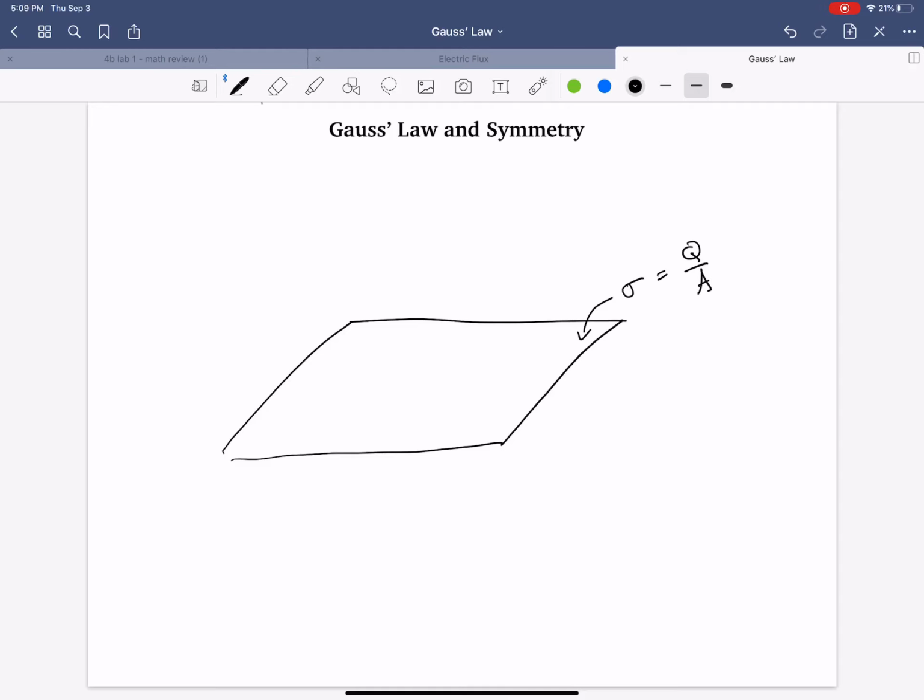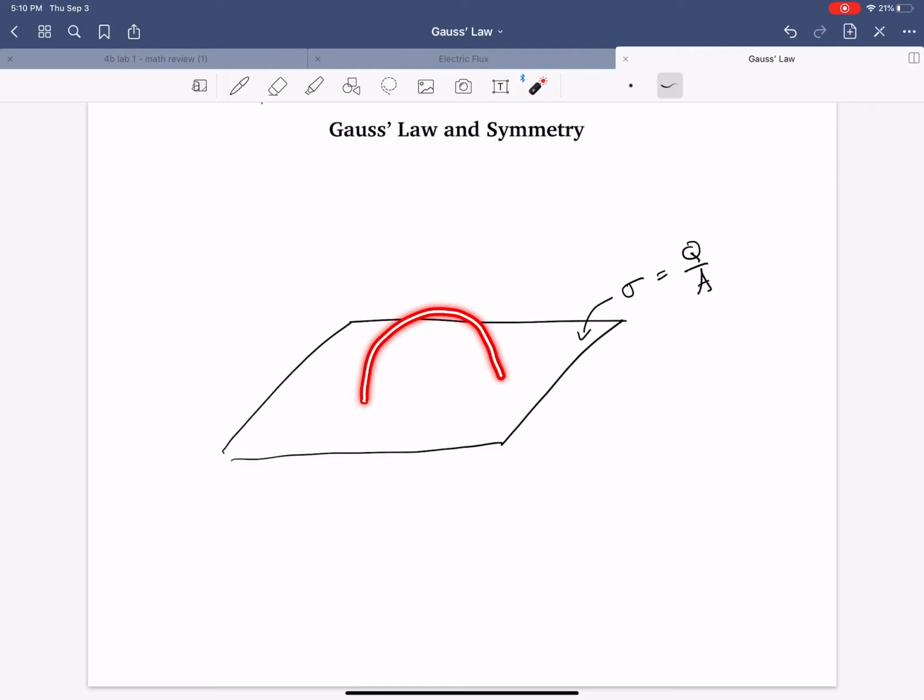What type of Gaussian surface should we choose for a plate? Well, we can't do a sphere again. That's too tough to draw, but if you can picture a top hemisphere on here, we're going to have all points in different directions to that.